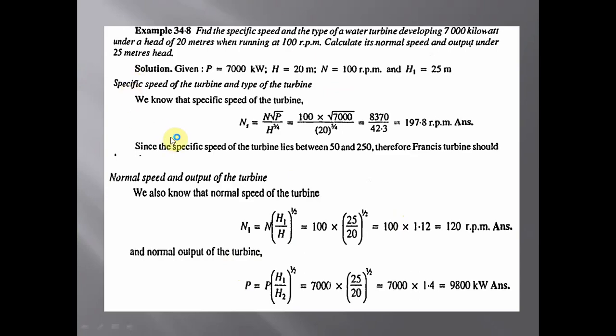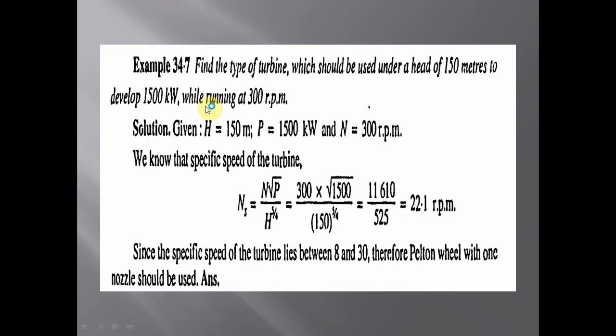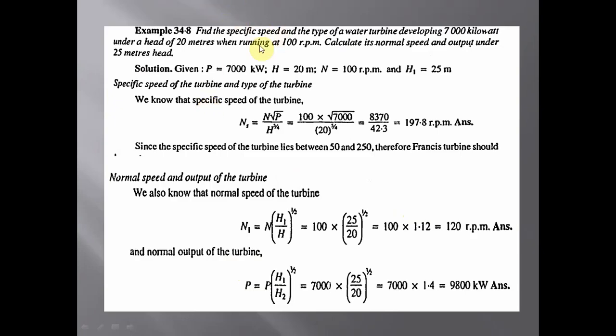Okay. Next one: find the specific speed and the type of water turbine developing 7000 kilowatt under a head of 20 meters when running at 100 rotations per minute. Calculate its normal speed and output under 25 meters head. Given P = 7000 kilowatt, H = 20 meters, N = 100 rpm, and H1 = 25 meters.